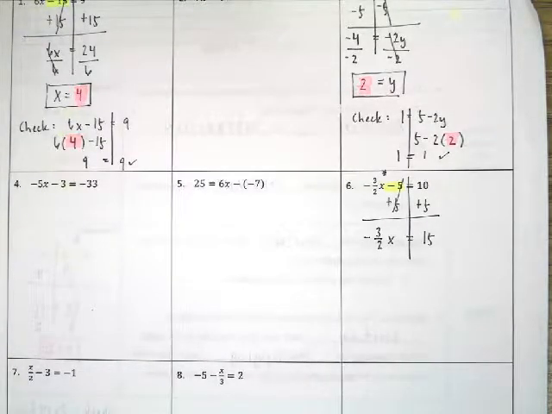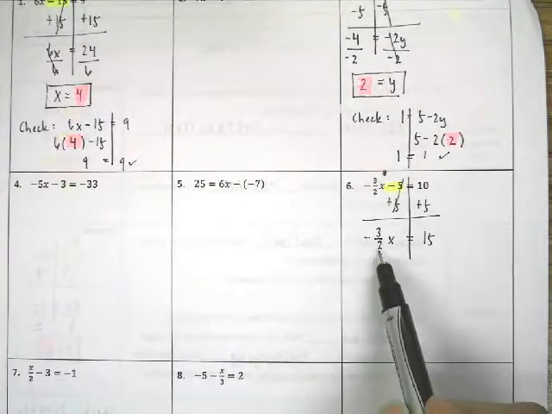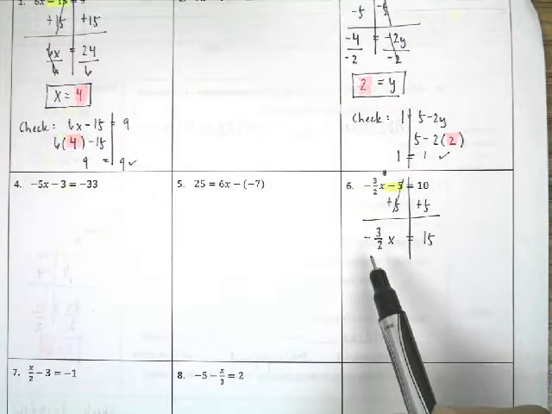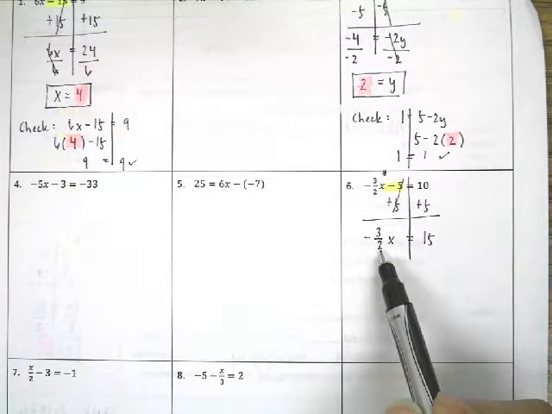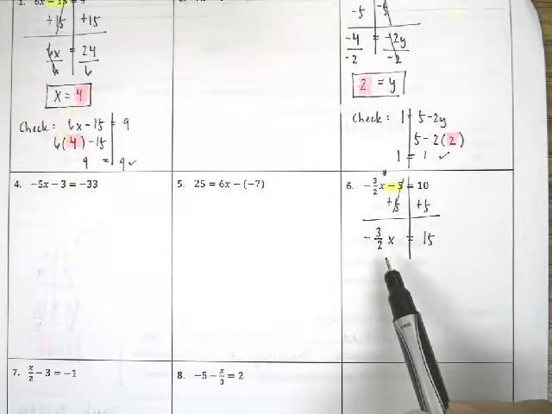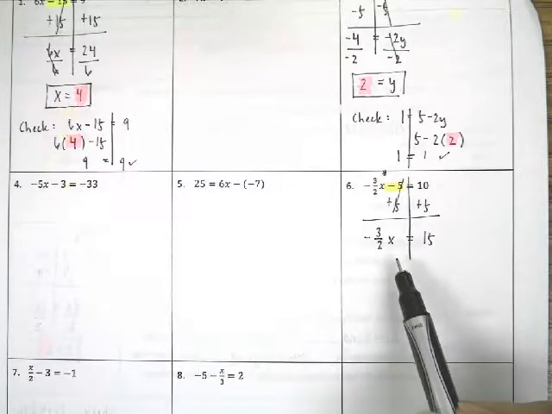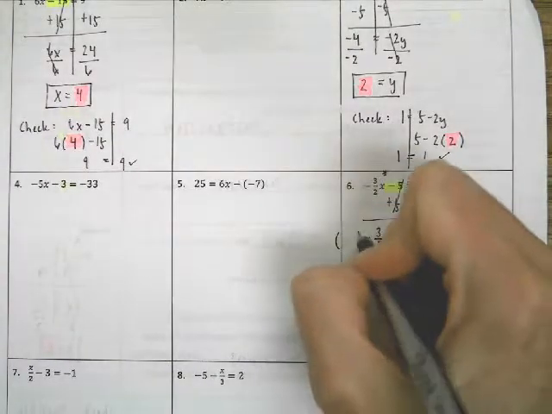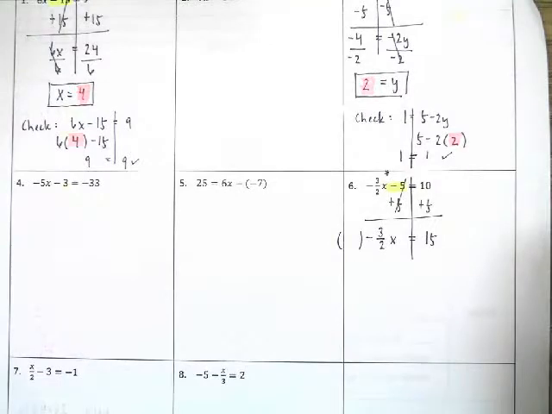Now, here's one of those more tricky one-steppers. Here, I'm multiplying x by a fraction. So, we know to undo multiplication, we could divide. But if you think back, we said that dividing by a fraction is the same as multiplying by the reciprocal. And so that's what I'm going to do here. I'm going to multiply, so I'm going to put all this in parentheses.